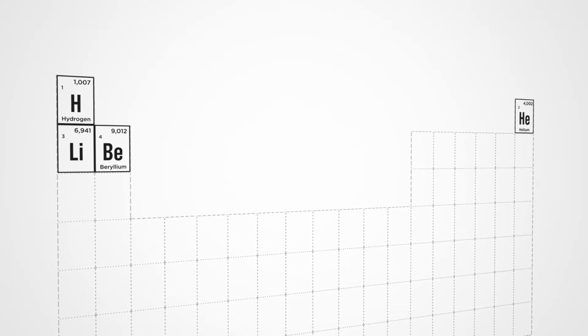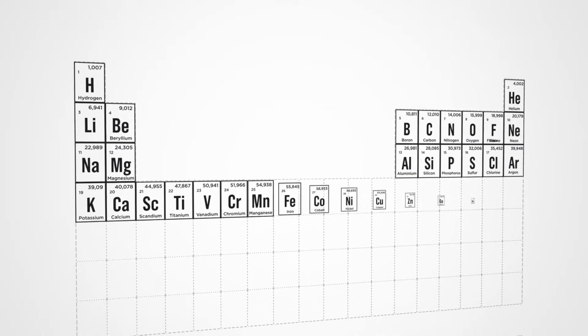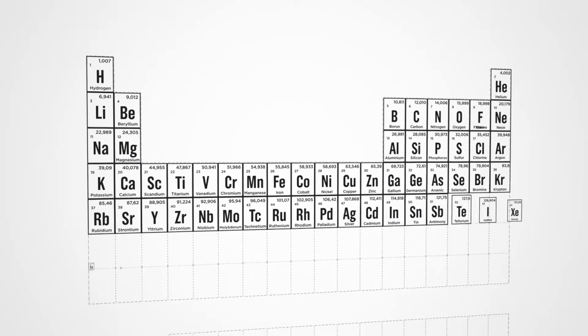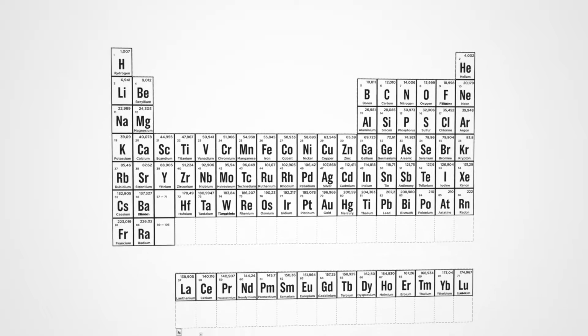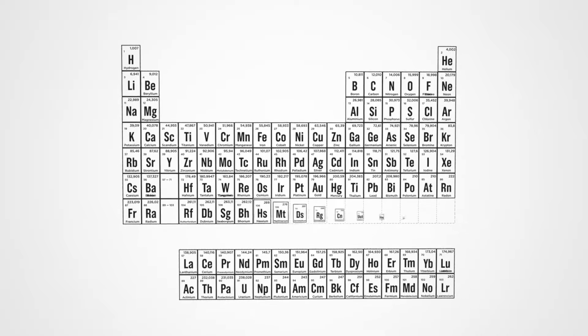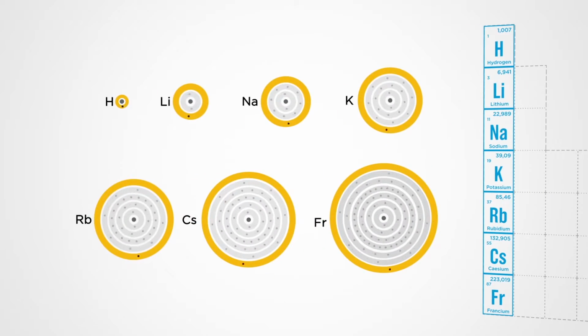The periodic table organizes the elements from smallest to largest, according to its core and the distribution of electrons. In the first column of the table, we have the elements that have a single electron in the outer layer.